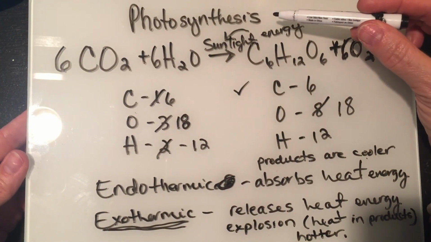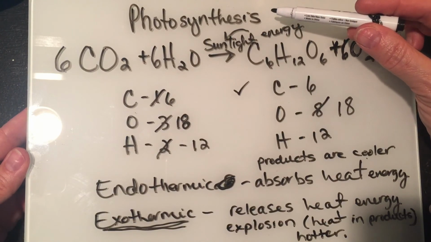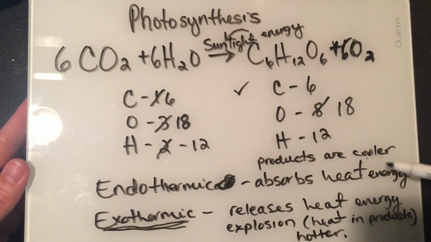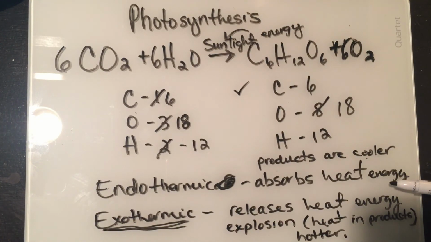An example of endothermic is photosynthesis or anything else where the products are going to be cooler. All right. There are certain products that you can crack open to cool something down, like the ice packs that you break and you cause this chemical reaction and then they get cooler.